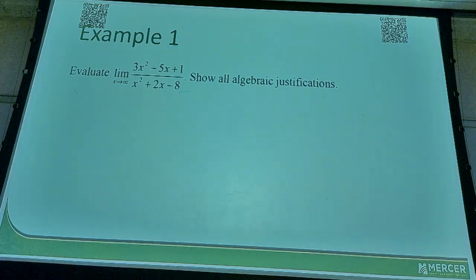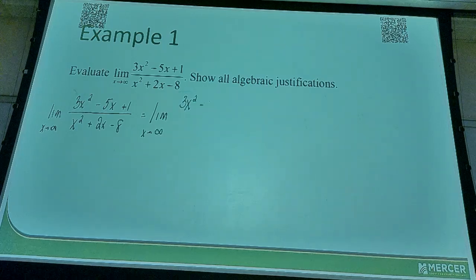Factor out your dominating term. Factor out x squared, that's what you're left with.